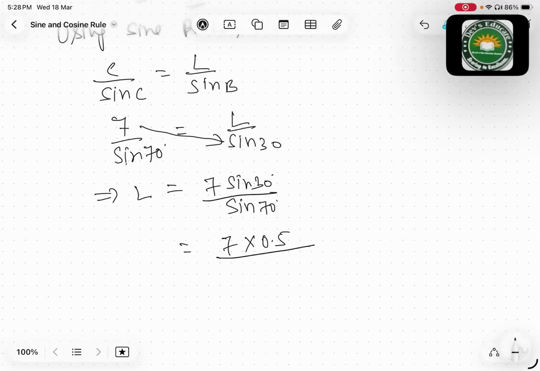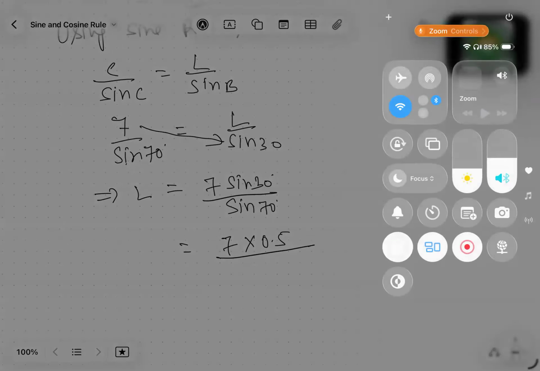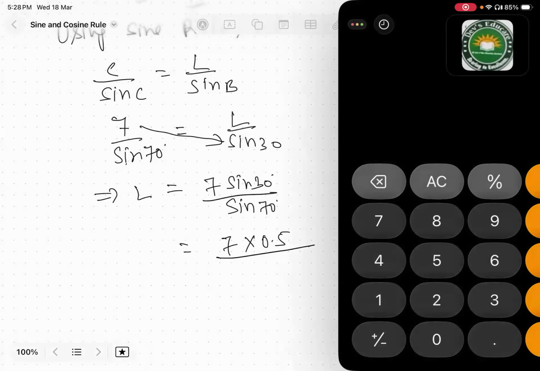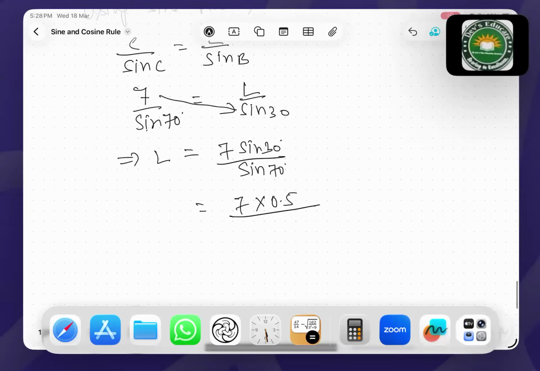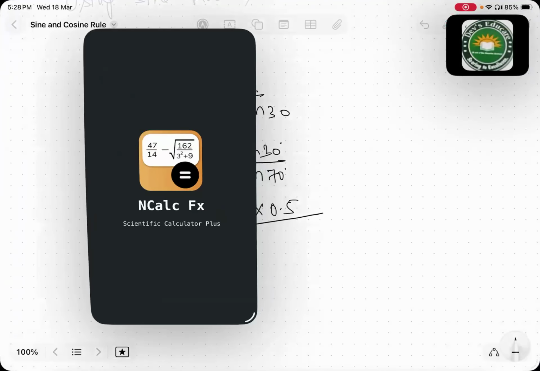Even a normal calculator can work. So we will use a normal calculator over here. Okay, it will not work. Just a minute. So we have a scientific calculator as well.